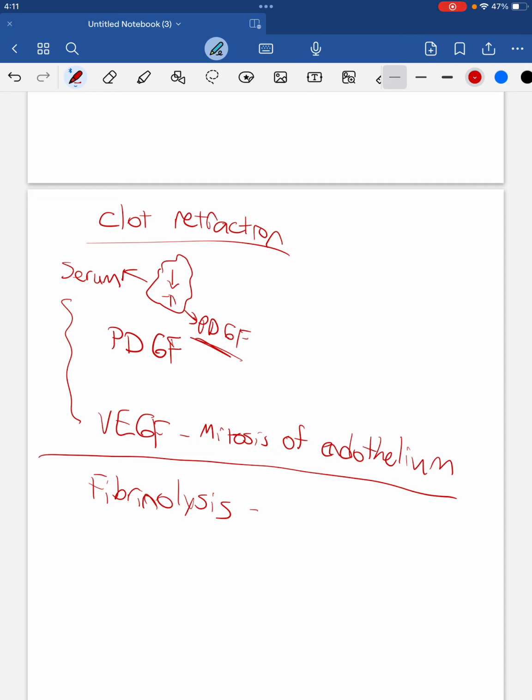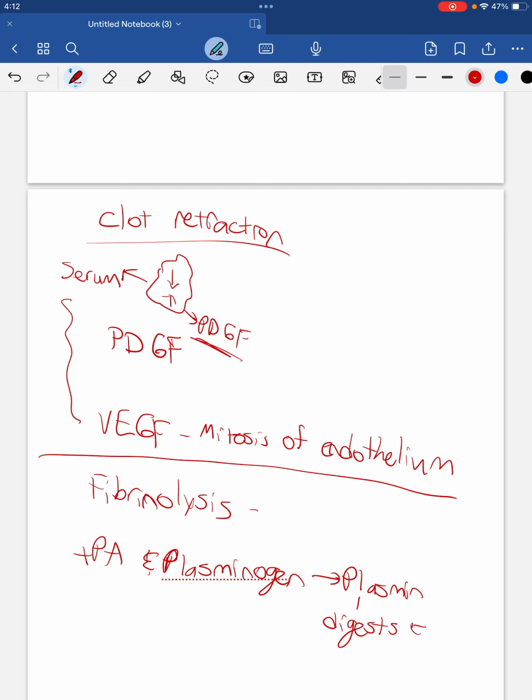Okay, so we need tissue plasminogen activator, TPA, and plasminogen. These are going to react and get converted to plasmin. This digests fibrin.